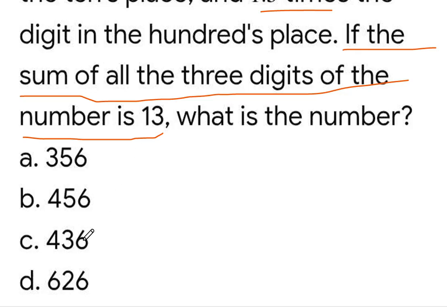So 4 plus 3 is 7, 7 plus 6, 13. We are getting the sum of the 3 digits as 13 from option C. You check out for D also: 6 plus 2, 8, 8 plus 6, 14. 14 is not the sum of the 3 digits. Only the 13. By seeing this only, you can easily find out the answer.